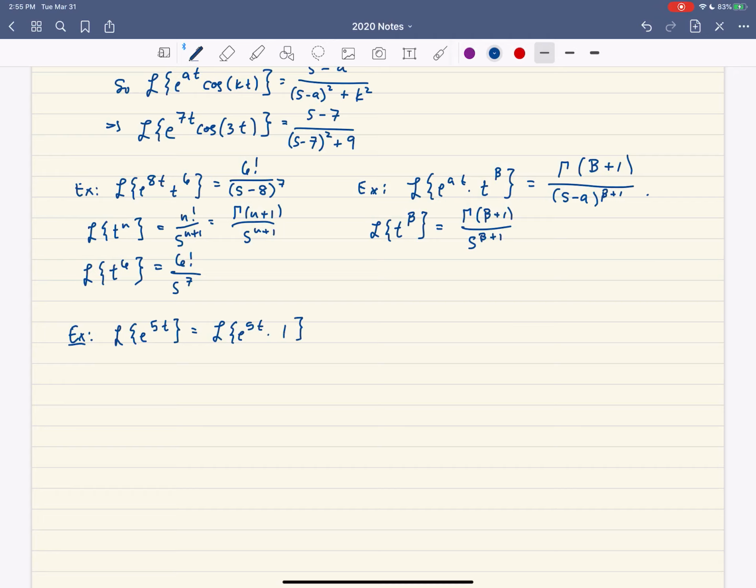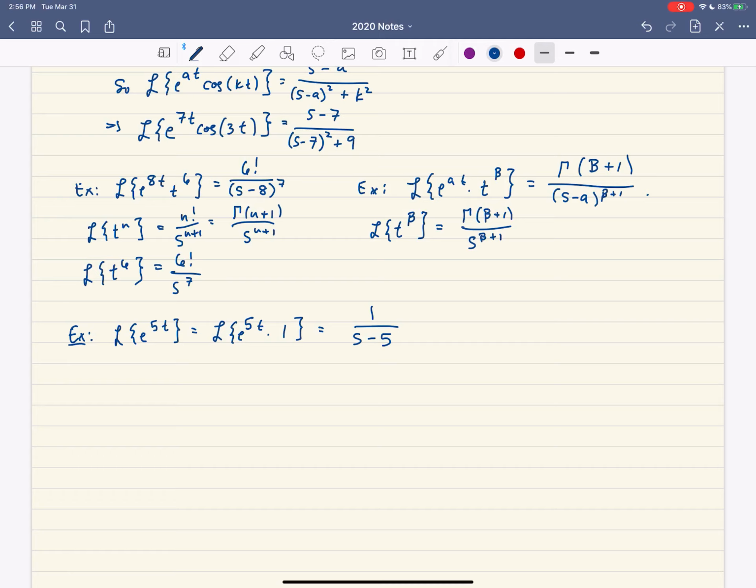And so what I can do is take the Laplace transform of 1, which you know is 1 over s, and then transform it by shifting it by 5. So this is 1 over s, where s has been shifted by 5, and we recover the usual 1 over s minus 5 that we knew however many videos ago. Okay, so this is how we do transforms.